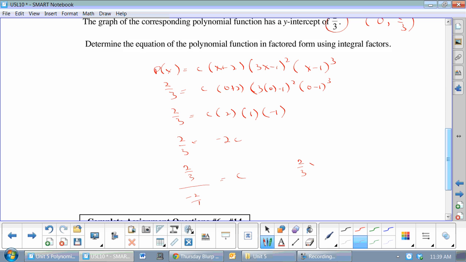So 2/3 times 1 over negative 2. The 2's would cancel, and I would get negative 1/3 equals c. So final equation, p of x equals negative 1/3 (x plus 2)(3x minus 1) squared (x minus 1) cubed.